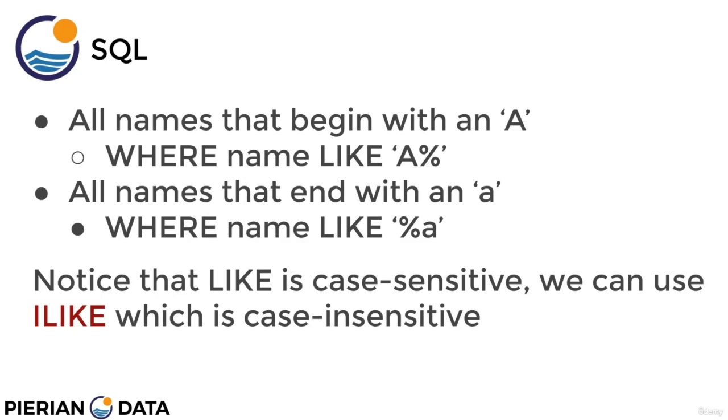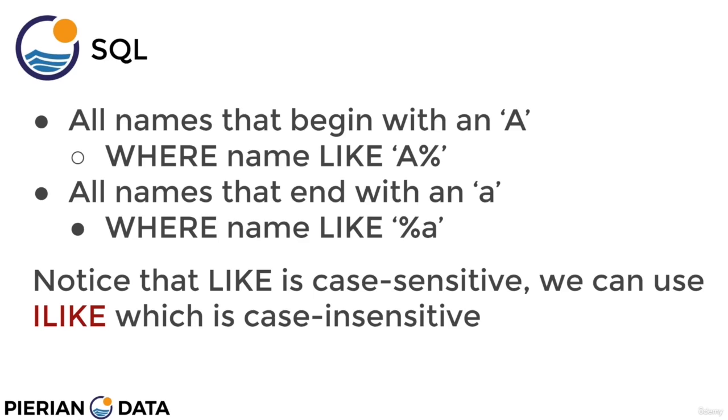So let's see a couple of examples of this. We'll start off with the percent sign, a wildcard for any sequence of characters. This basically specifies something like all names that begin with a capital A. So we would say where name LIKE and then a string with the capital A and then the percent sign, essentially saying you'll match anything that starts with a capital A and has any sequence of characters after it.